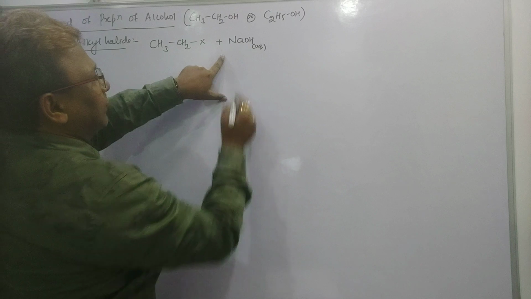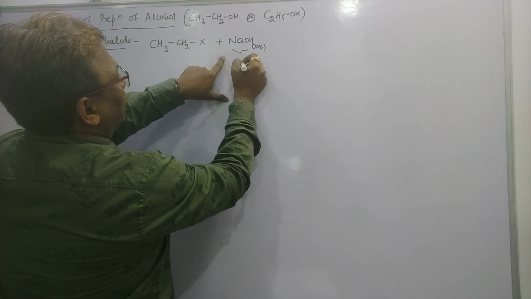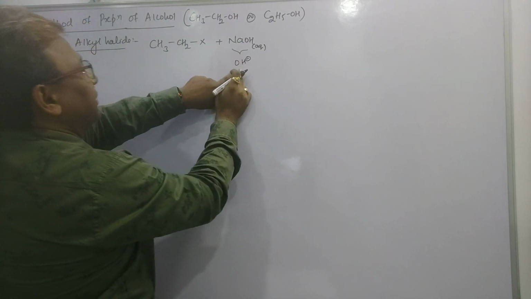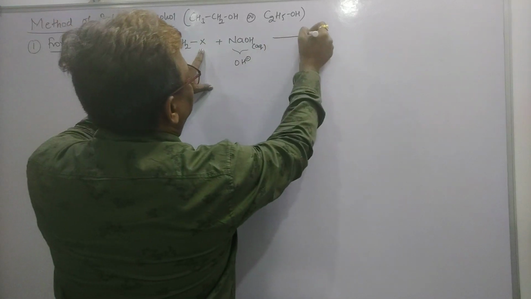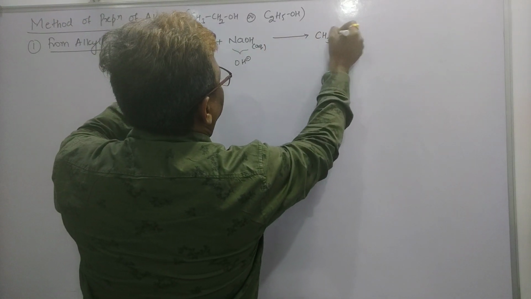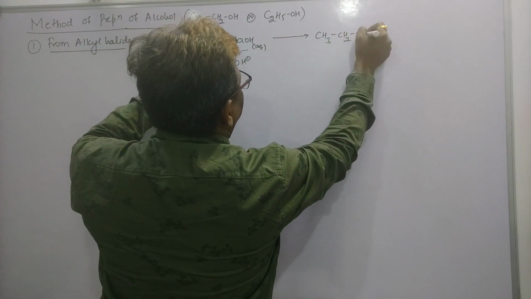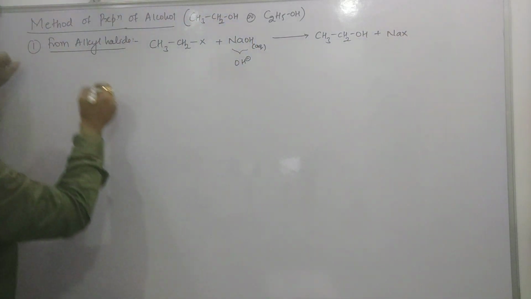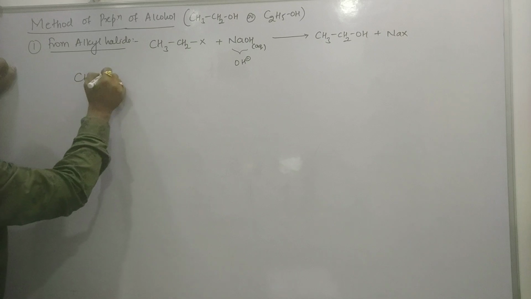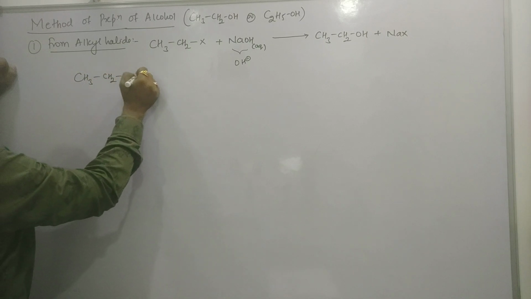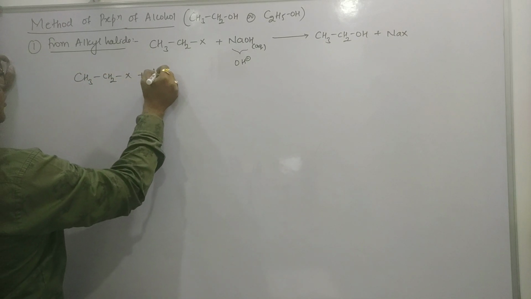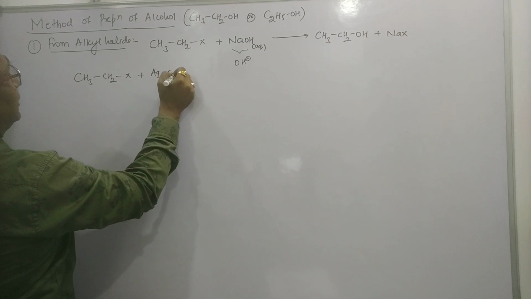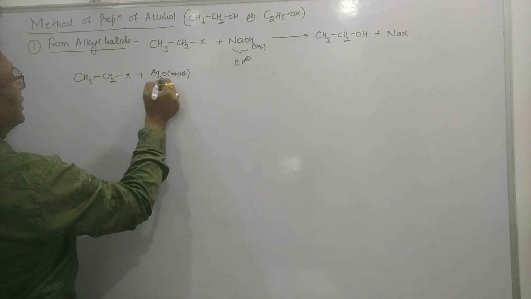What is the nucleophile produced by it, beta? That is OH minus, and this OH minus will replace the halogen present over it, and we get an alcohol, with NaX coming off. Not only that, beta, suppose you take this alkyl halide and treat it with moist silver oxide. Do you know what moist silver oxide means?